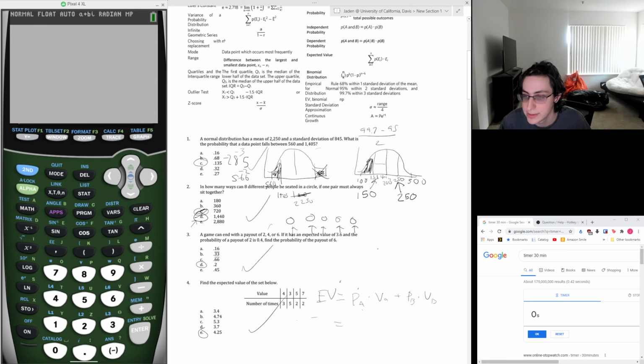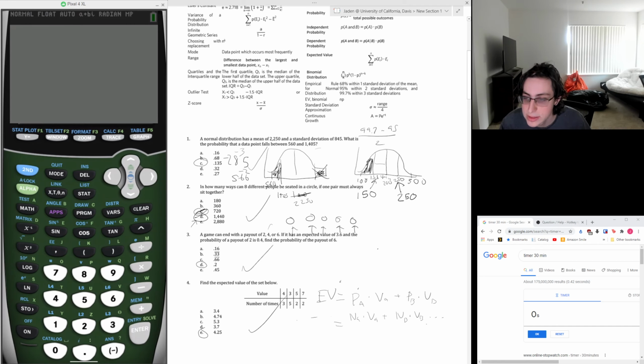If we have n number of times instead, when you see number of times instead of actual probabilities, you use the number of times of that specific event. So NA times VA plus NB times VB, on and on, NC times VC, where VA means value of event A, and so on.